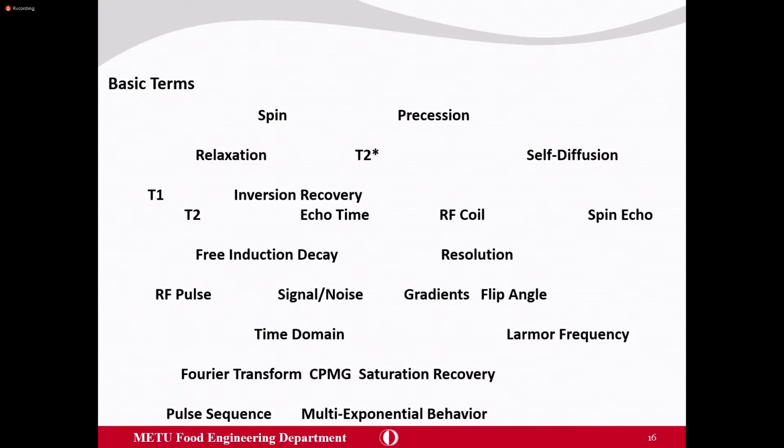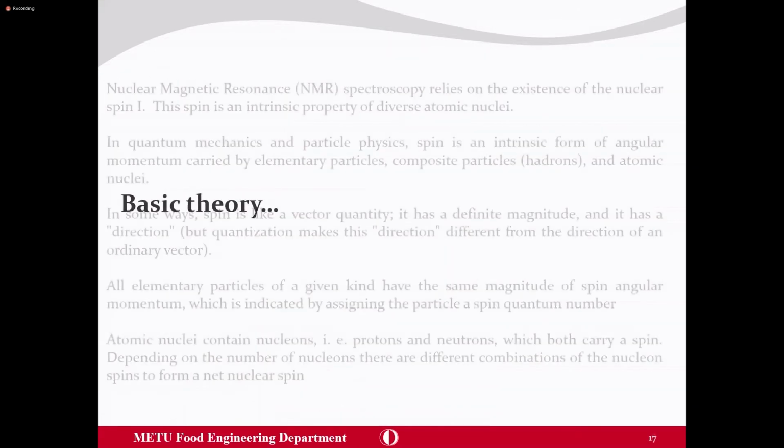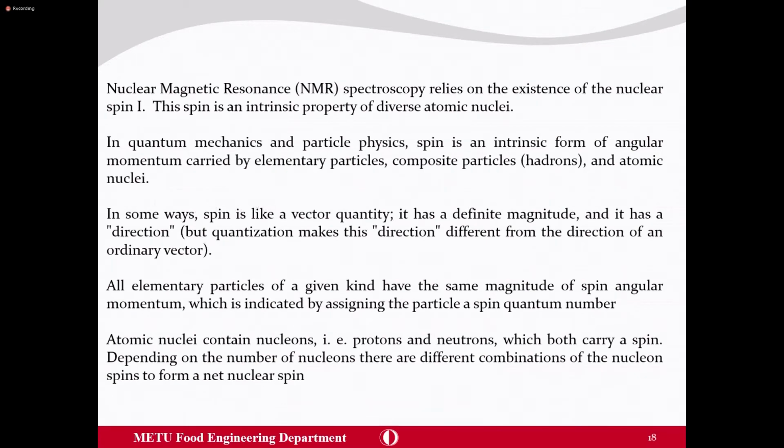Upon completion of these NMR lectures, and we will have a more in-depth NMR training school later on, you will get familiar with these concepts. Okay, so let's talk about some basic theory.